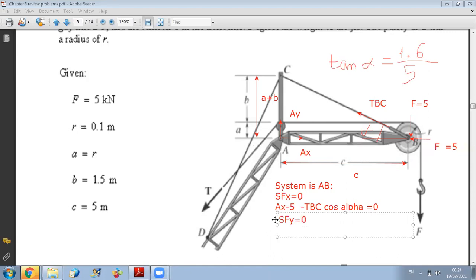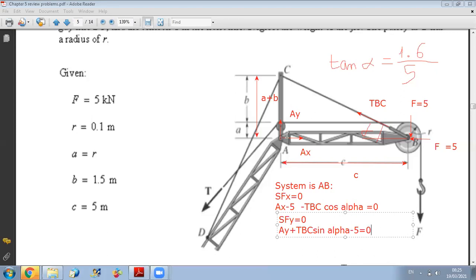Along y, I have Ay plus TBC sine alpha minus F minus 5 equals 0. And finally, I can write a moment equation. Here you could replace one of the force equations by a moment equation, because if you do sum of moment about B, you get Ay.